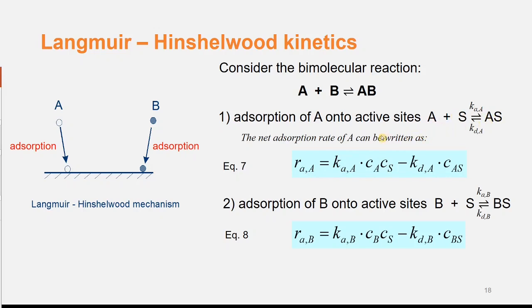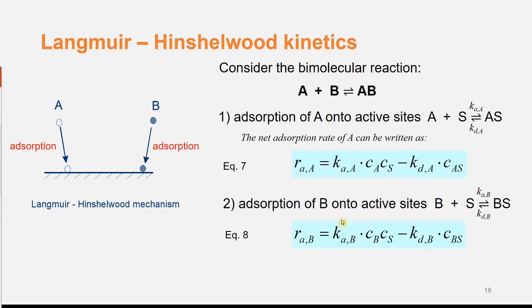So that is the rate constant for the adsorption of A times the bulk concentration of A times the concentration of the vacant sites, minus the rate of the backward step, which is desorption. So we have the rate constant for the desorption of A times the concentration of the sites occupied by A.